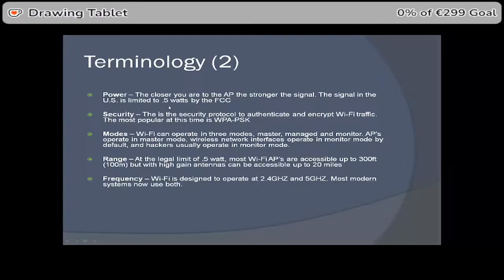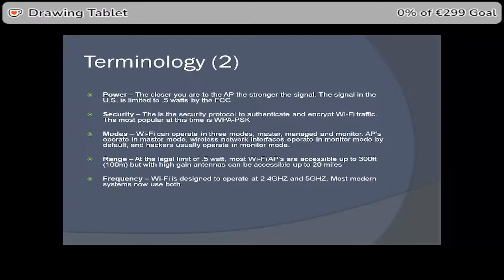As a hacker, you're not limited to that. That may be an advantage that you can use against the system. So, for instance, if you were to turn this up to, say, 2 watts on your system, by increasing the power to 2 watts, your AP will be the strongest signal around. That can be really useful in an evil twin attack.